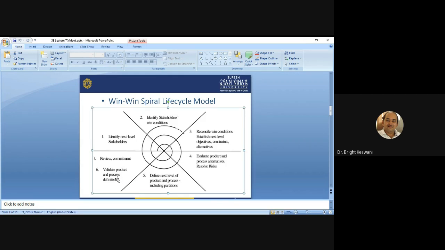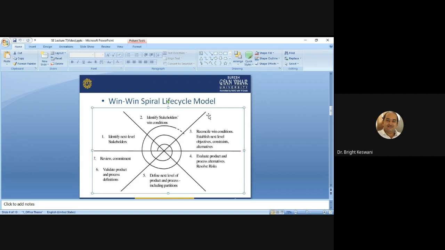So validating product and process definition is an important step. And the seventh step is review commitment. In this final step, all the work done so far is reviewed, and you make sure that the product is still feasible and worthwhile.